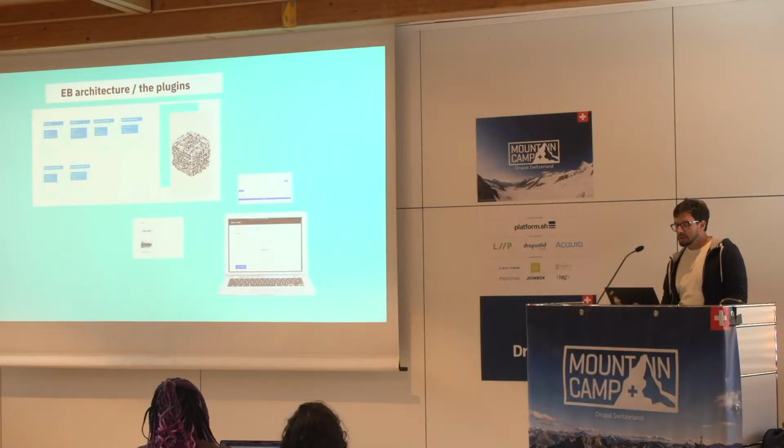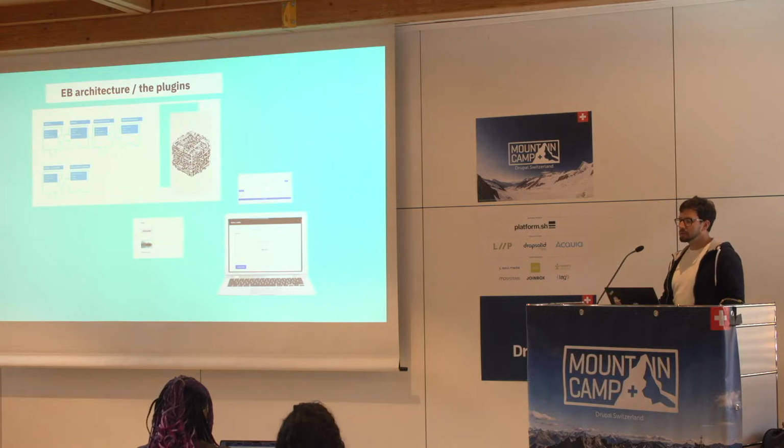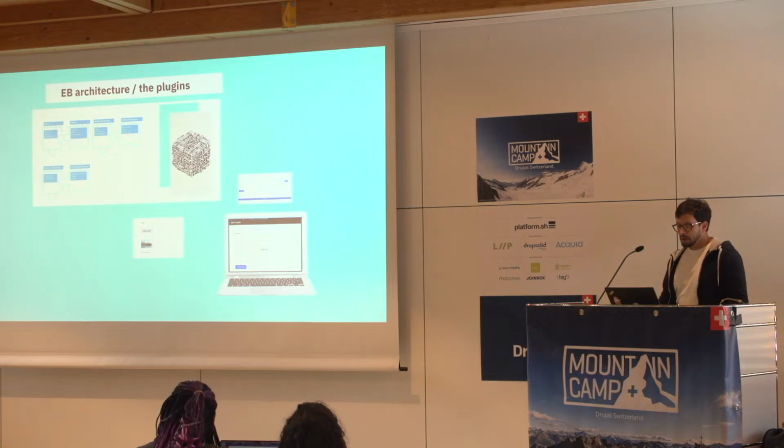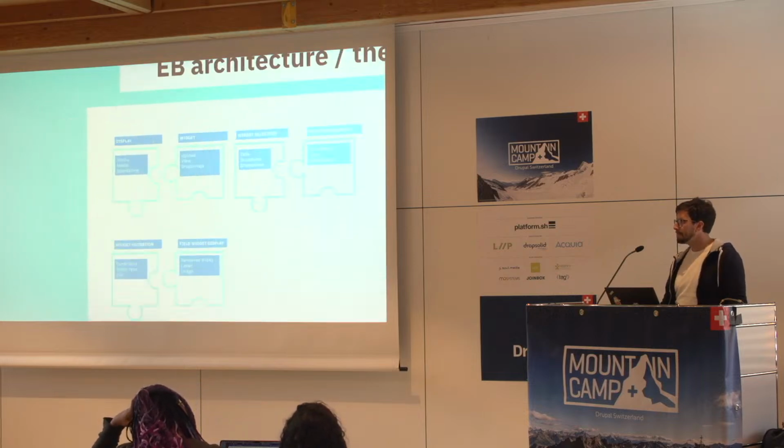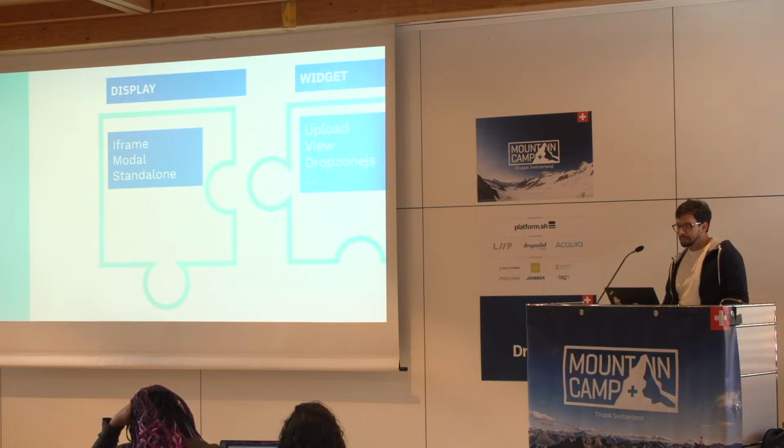Now for the architecture part, we mentioned that it was built with flexibility in mind. That's why it comes with many plugins. By implementing those plugins, you can extend Entity Browser. But out of the box it already has quite a lot. We will quickly look at each of those plugins and then show what they do in the UI. The first one is the display plugin.